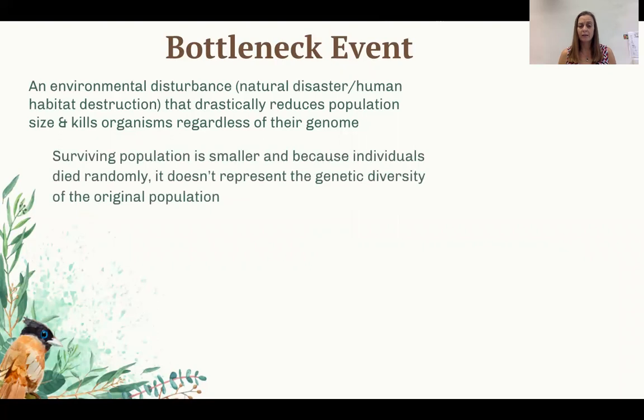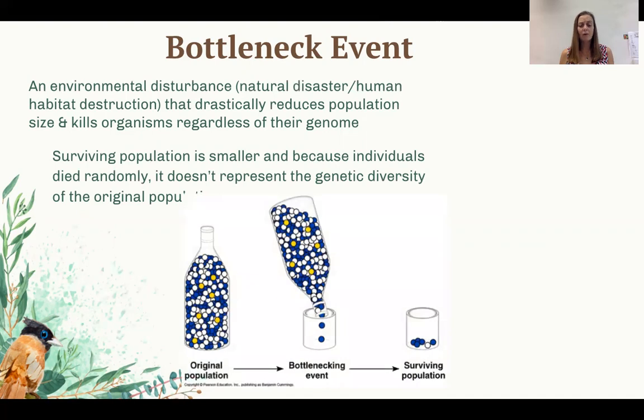Because it's random, it's not selecting for any one thing, it's not going to represent the genetic diversity of the original population. And so often when we talk about a bottleneck effect, what we wind up having after the bottleneck is a population that looks very different from the original population.